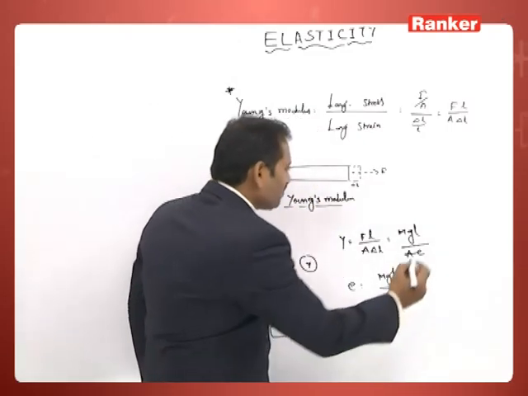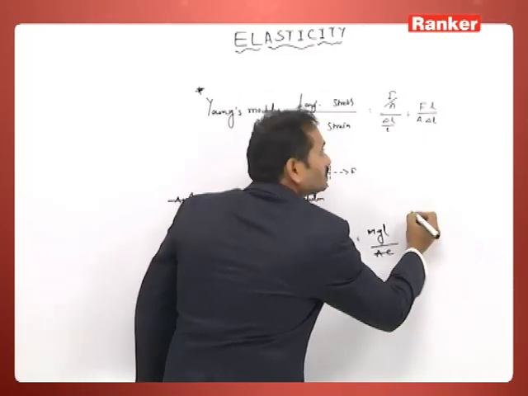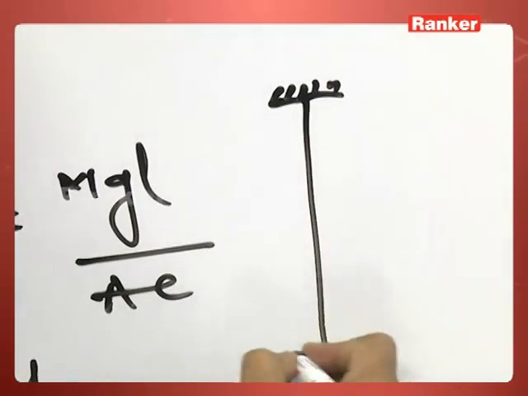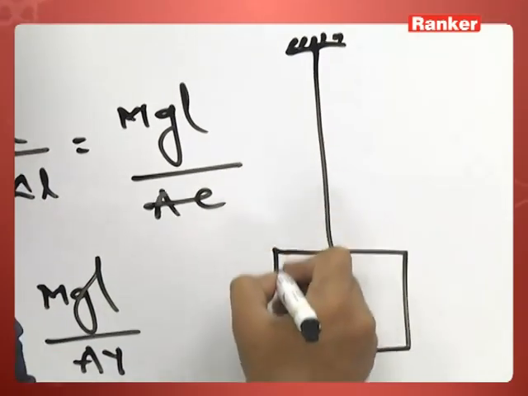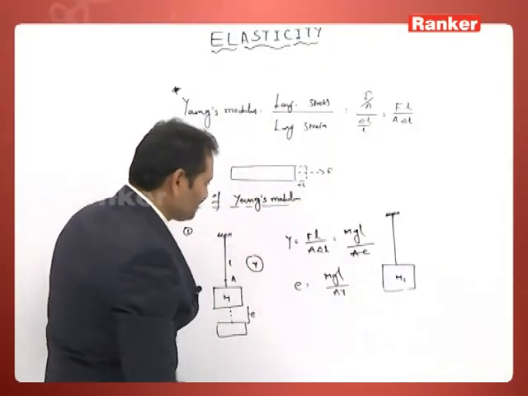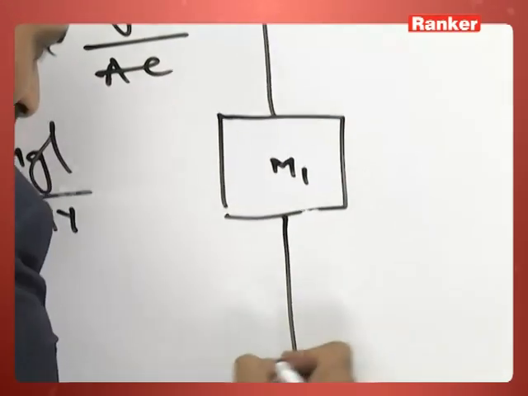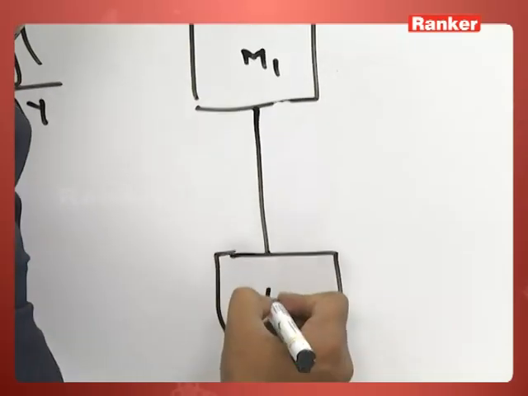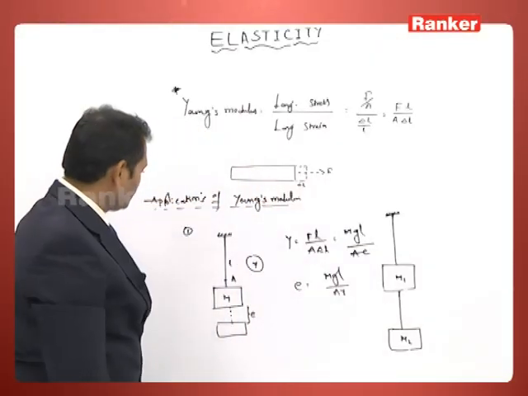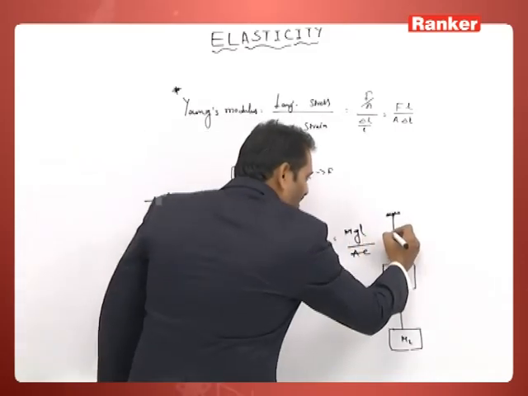Second application they can give you like this. M1 is the mass and M2 is the another mass is attached to the second wire. A simple logical question based on NLM. Then they will ask like this.